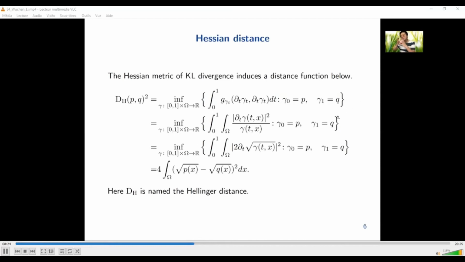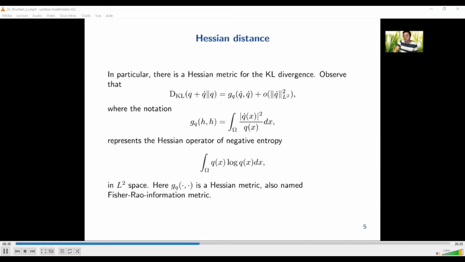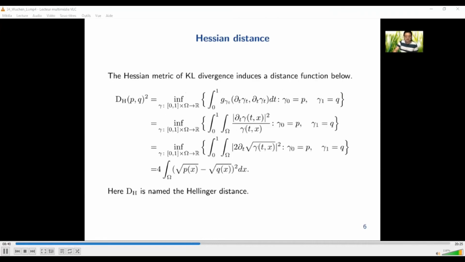Okay, so the Hessian metric tells you there's a simple change of variable which allows you to change this original distance function to a new distance function. And for this Fisher metric, this kind of change of variable is very easy to observe. Okay, so everything here is very classical in the Euclidean space or in the L2 space, and you will get different functionals.